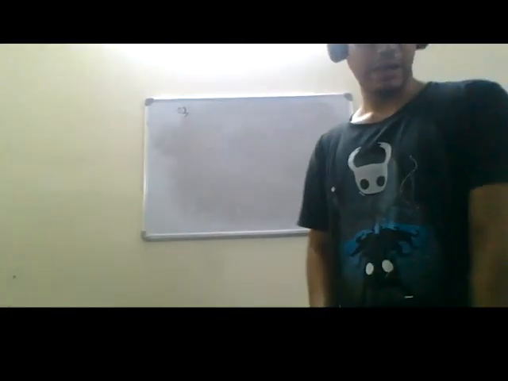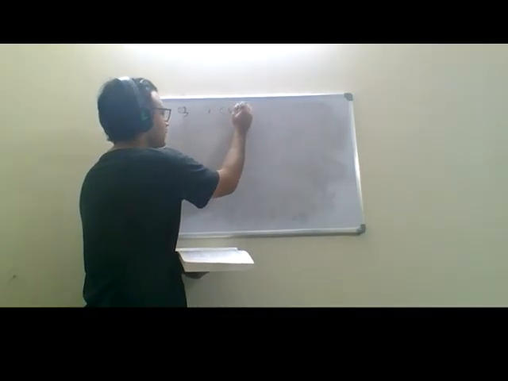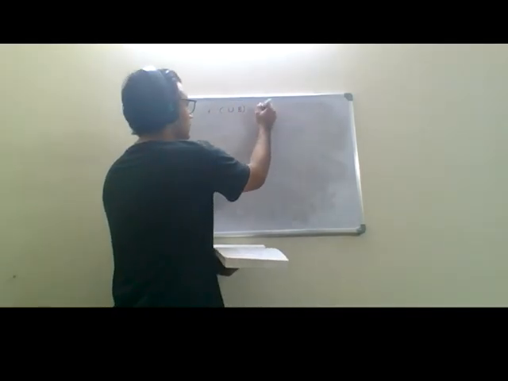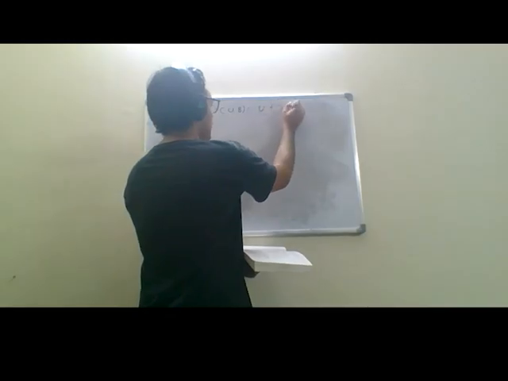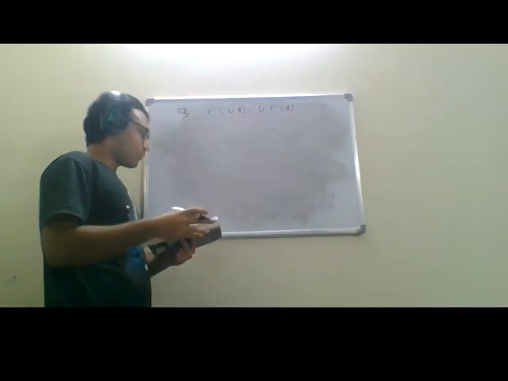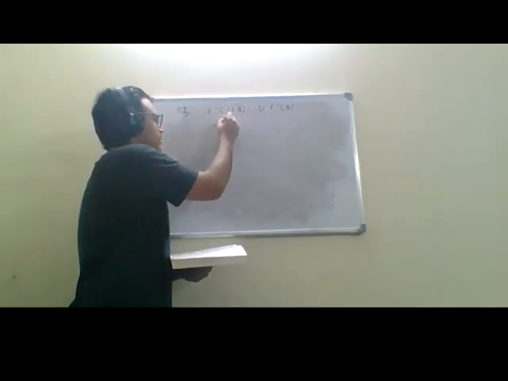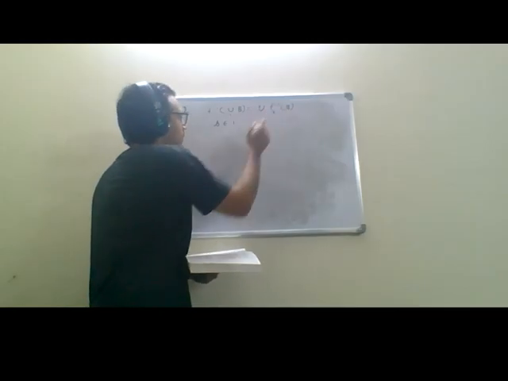Question three. Okay, I'm going to do them orally. So B part. Let's see. So I'll just write them once down. So if B is an element here, that means what?